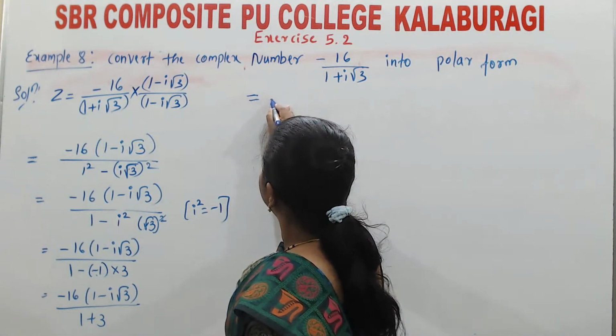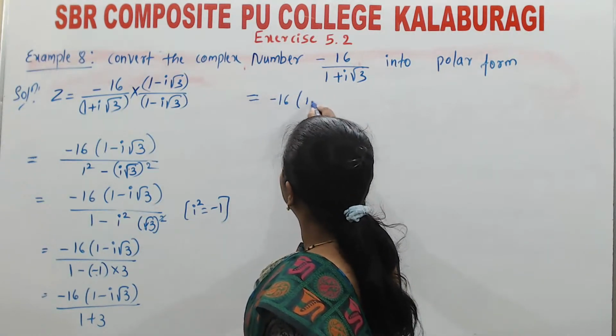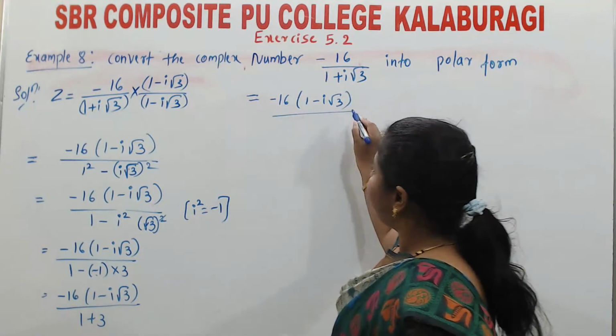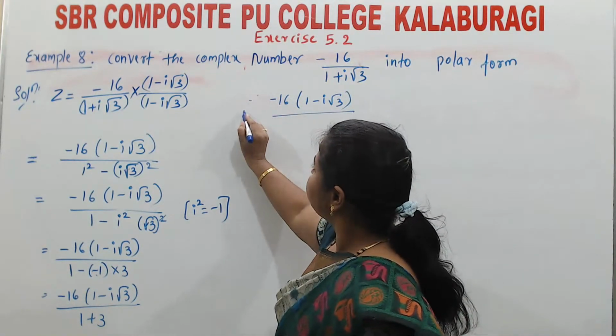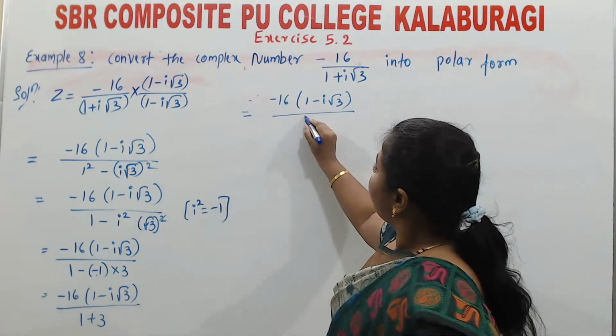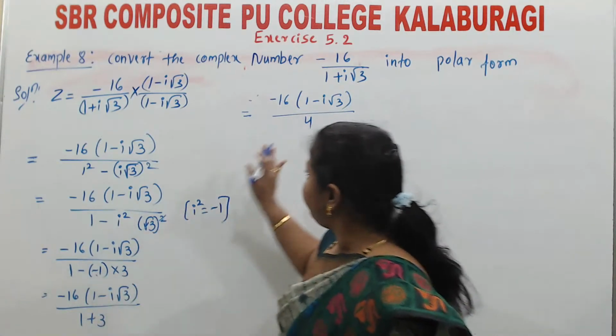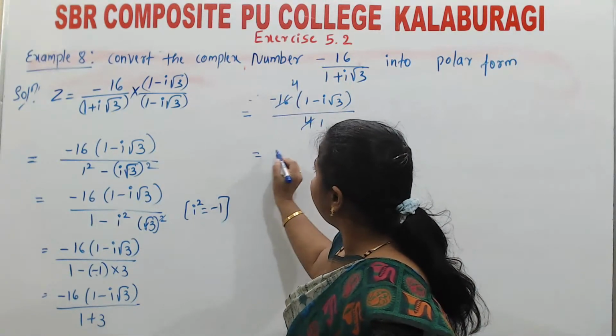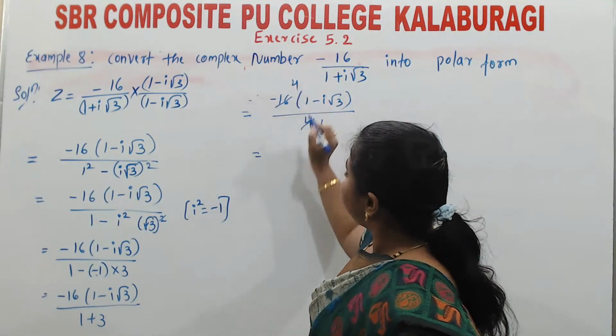So this is equal to minus 16 as it is, into 1 minus i root 3, divided by 4, since 1 plus 3 is 4. Four fours are 16, so we multiply minus 4 inside the bracket.